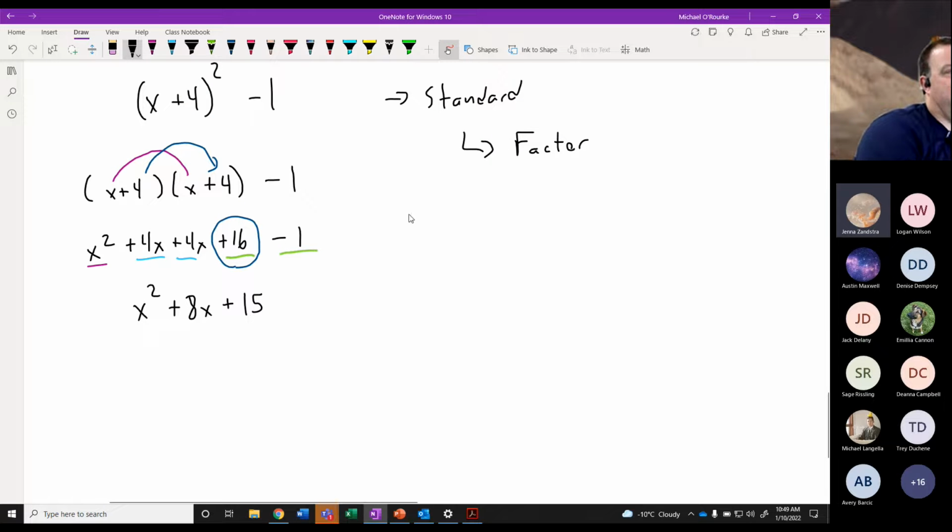So now we went from vertex form to standard form there. So we multiplied through, we FOILed it out, we collected our like terms, and we're here now. Now we factor it.